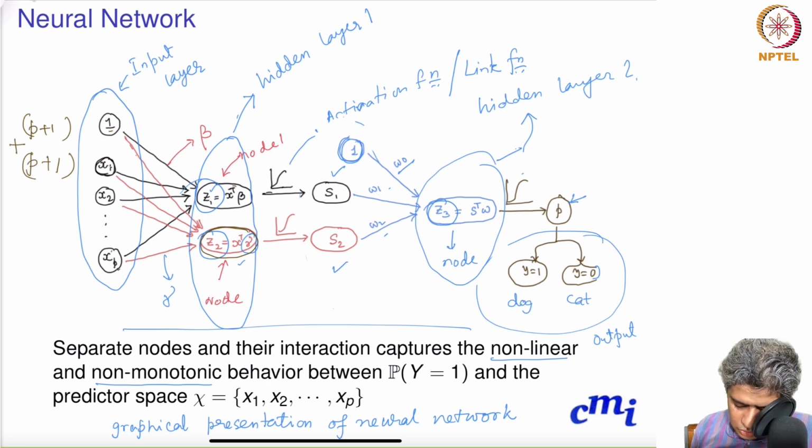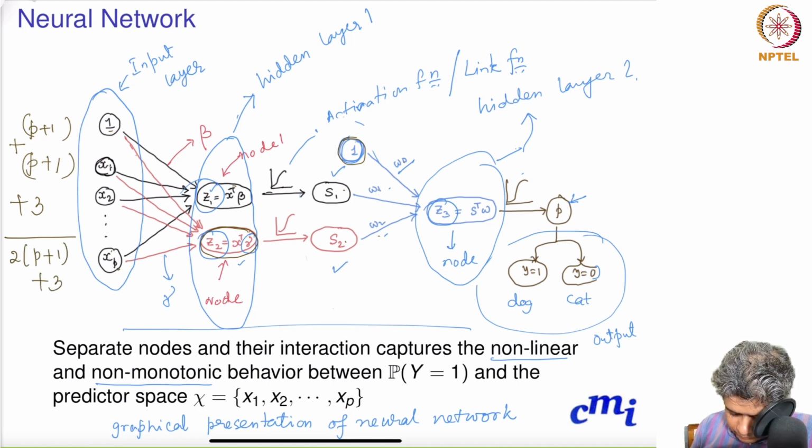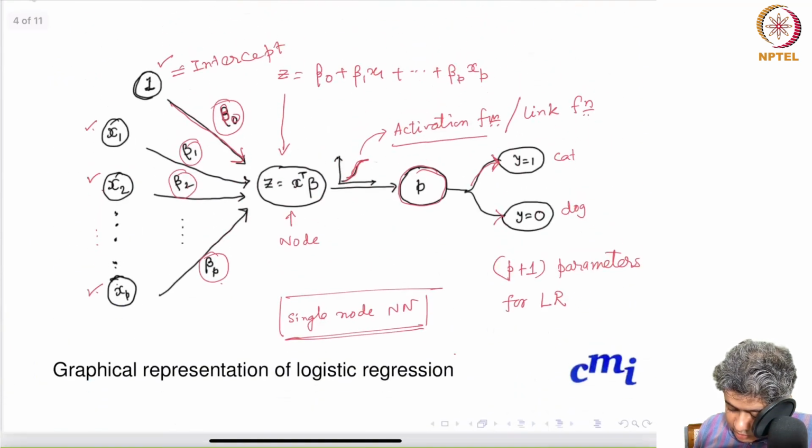And then these 2 nodes activate, and you get S1 and S2, so there are 2 weights and then an intercept, so 3 more. So 2 times (p plus 1) plus 3. If you use a logistic regression with p equal to 10, a single node neural network, you have a total of 11 parameters.